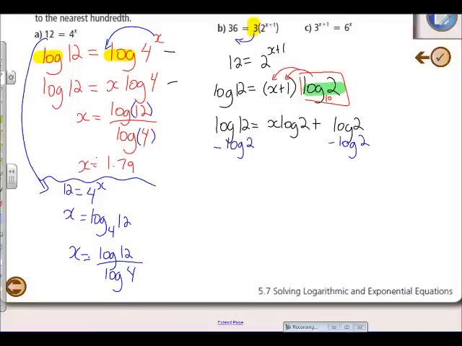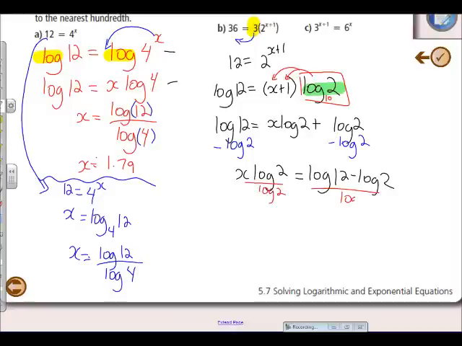No. It's log of 12 minus log 2. So we're left with, at this point, x log 2 on one side is equal to log 12 minus log 2. I just switched my sides, not a big deal. And now we're going to divide by log 2. So then we've got x is equal to log 12 minus log 2 divided by log 2.